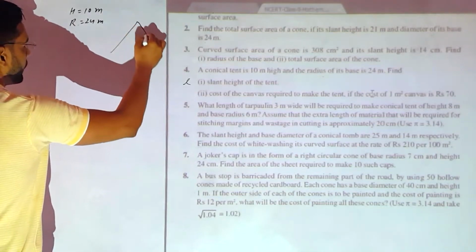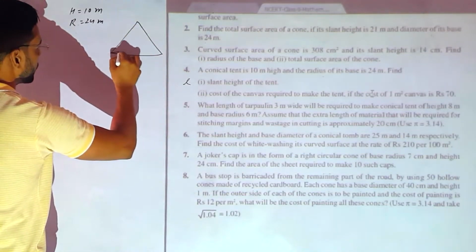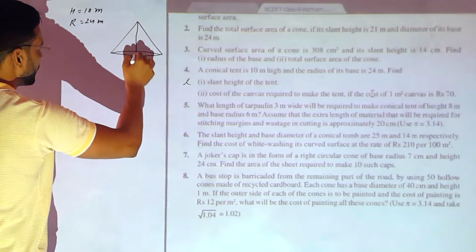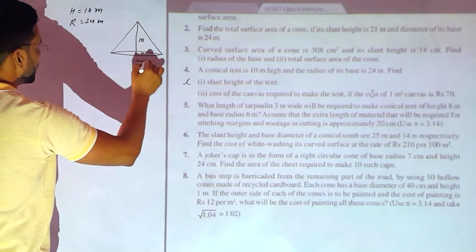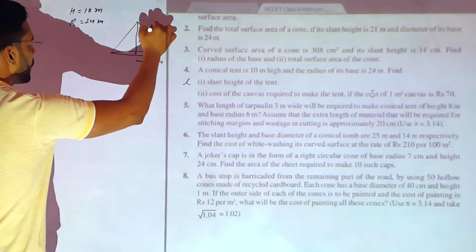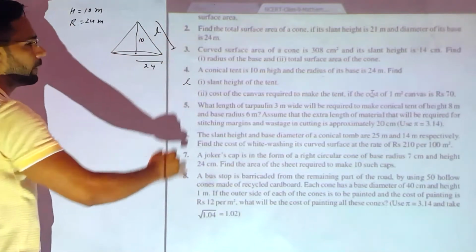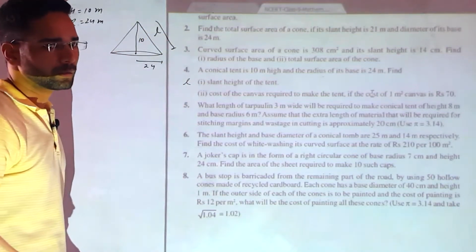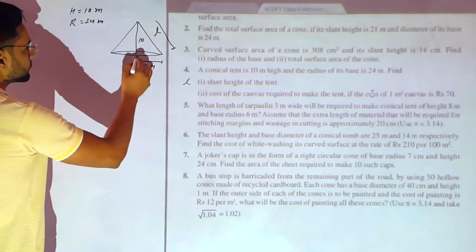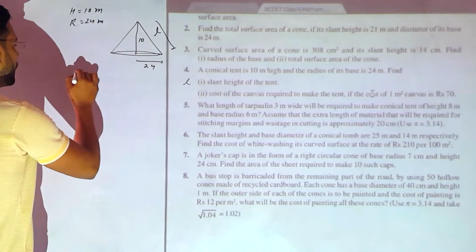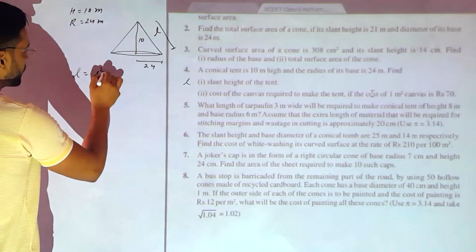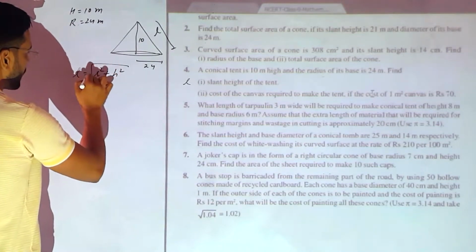First of all, we will make the diagram of question number 4. This is the conical tent. This is 10 meter, radius 24. Now this is L, that will be the hypotenuse of a right triangle. L is equal to the square root of R square plus H square.